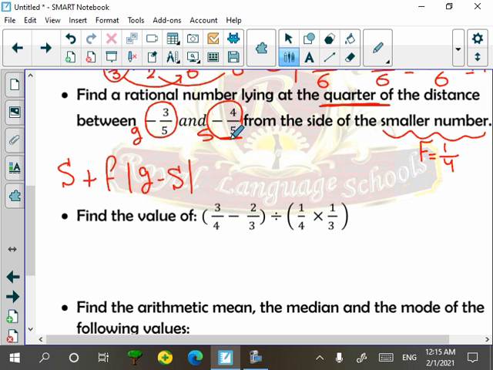negative 4 over 5. Write with me on the calculator: negative 4 over 5, plus, open bracket, 1 over 4 times the absolute value of g minus s, where the absolute value of g equals negative 3 over 5 minus negative 4 over 5.